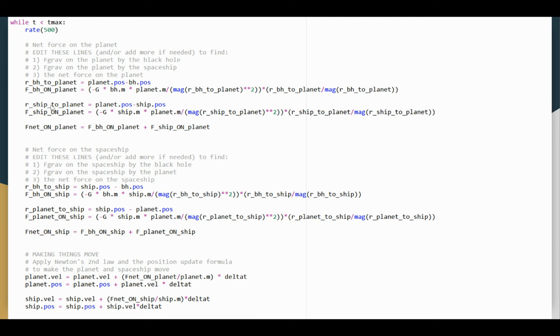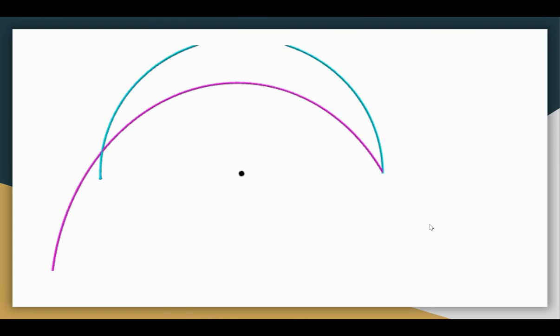So this is our code. Right here, we're finding the relative positions of the objects, and then we use that to find the force between those objects. Once we got the forces, we can then plug it into Newton's second law, the momentum principle, where we get the position update and velocity update equations.